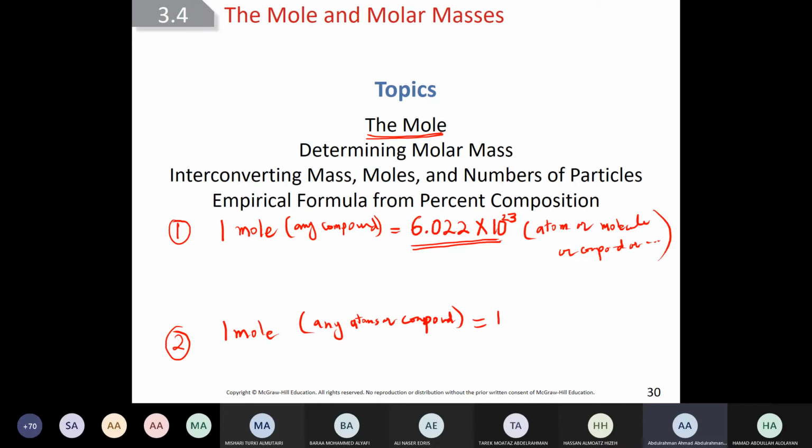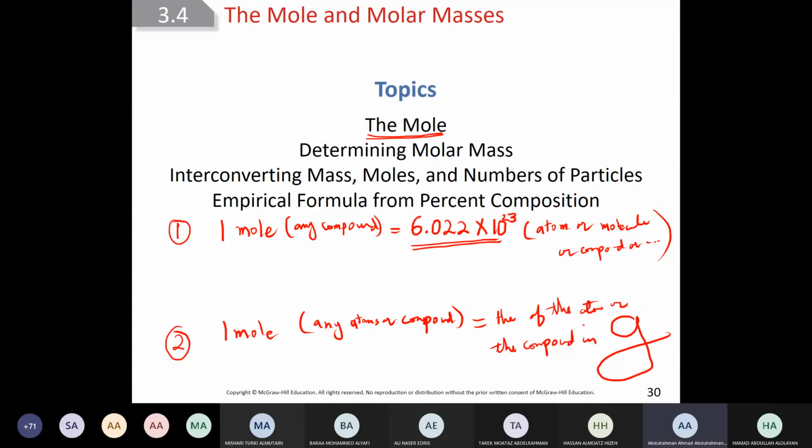The mass of the atom or the compound in what? In gram. That's why, if I ask you, get your periodic table now.